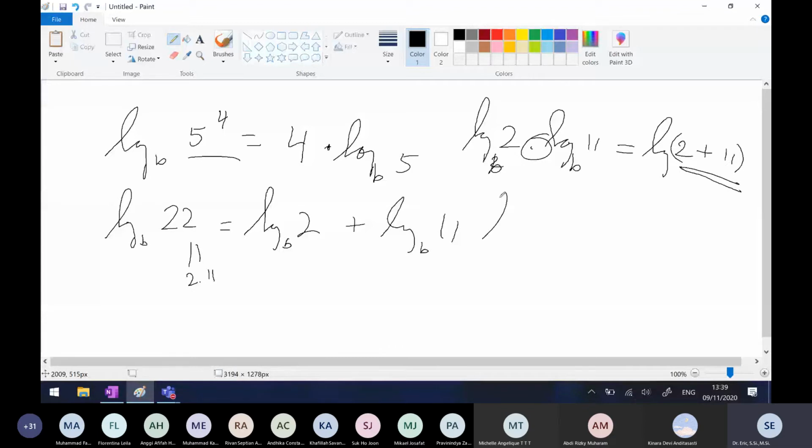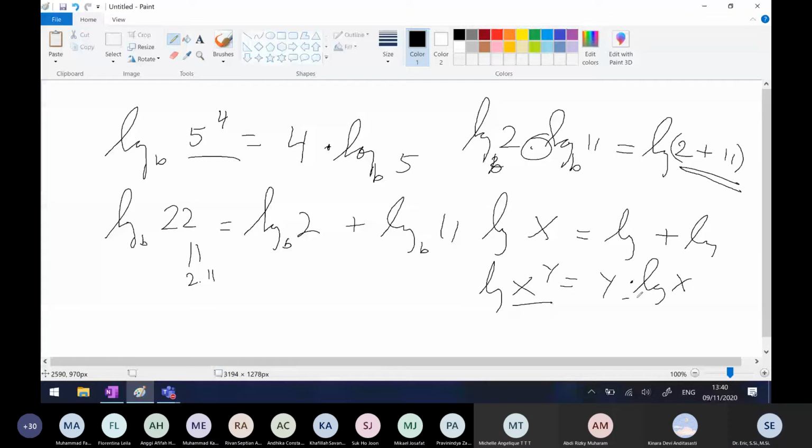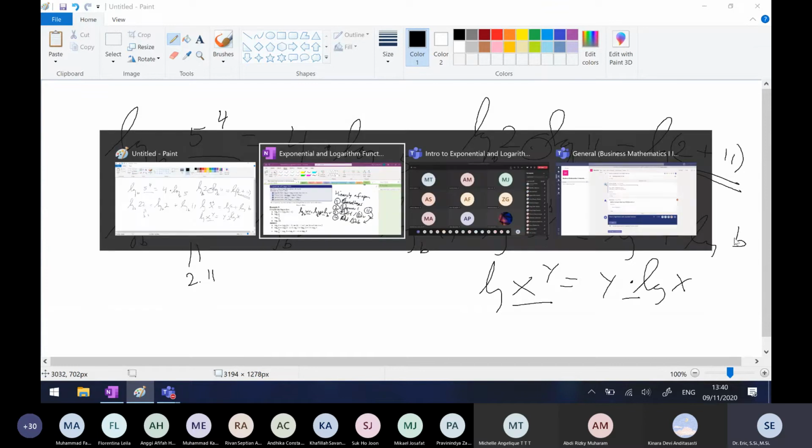So this is just logarithm plus logarithm. And logarithm of x to the power of y is y times log x. Exponentiation becomes multiplication, and multiplication becomes subtraction or addition. Okay, don't forget.